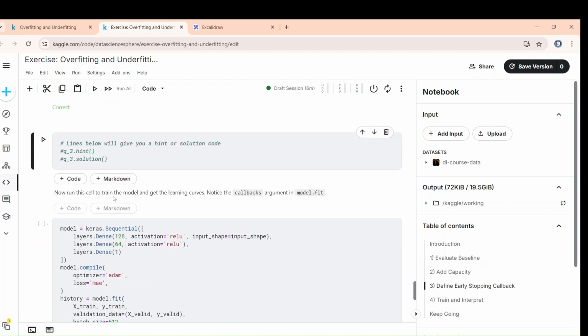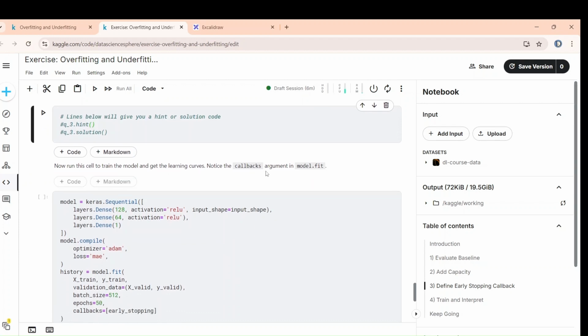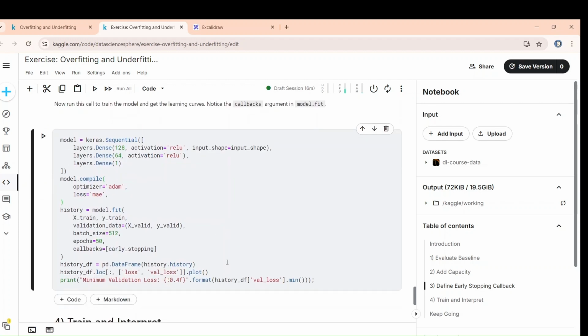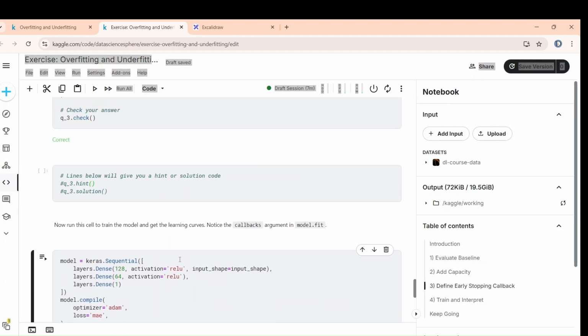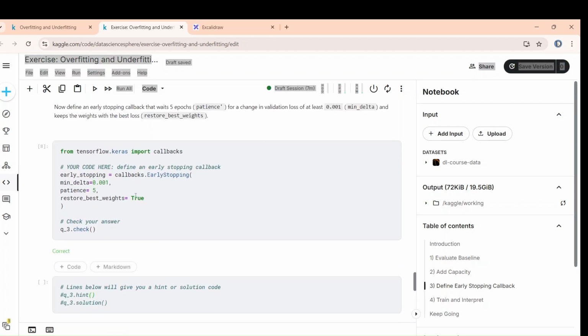Anyway, now run this cell to train the model and get the learning curves. Notice the callbacks argument in the model fit. 128 units, second layer 64, activation ReLU, output 1, compile optimizer Adam, loss MAE, x_train, y_train, validation data, batch size, epochs. Now you are calling the early stopping which you have defined here.